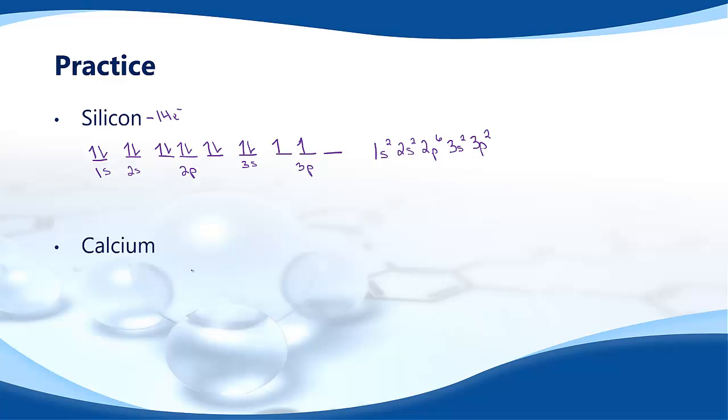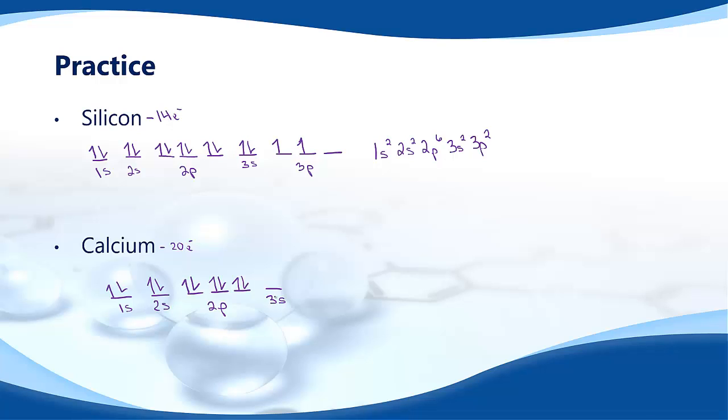And for calcium, I'm just going to do this one pretty quickly. Calcium has 20 electrons. So if I draw this out, 1s, so 1 and 2, 2s, 3 and 4, 2p, 5, 6, 7, 8, 9, 10.